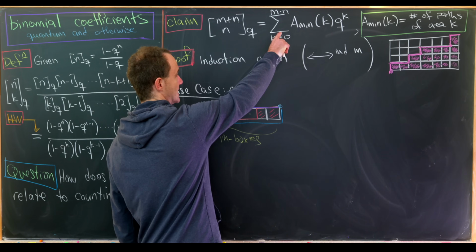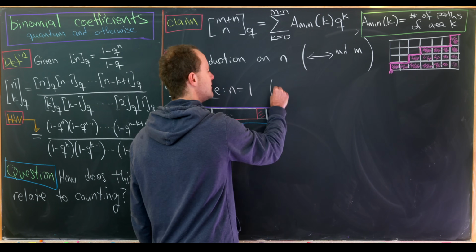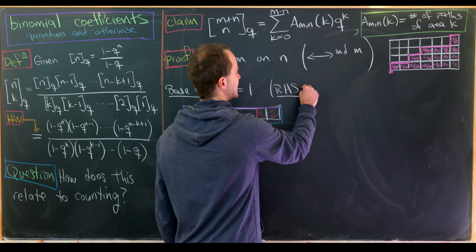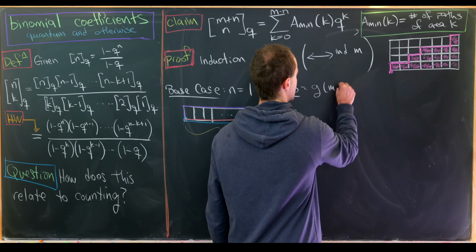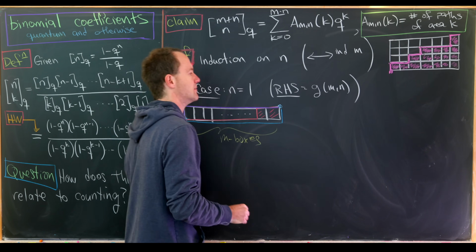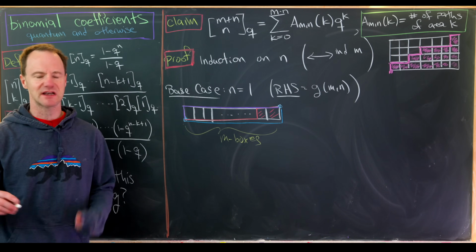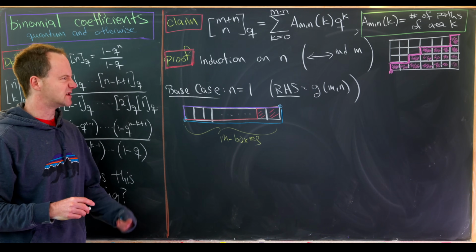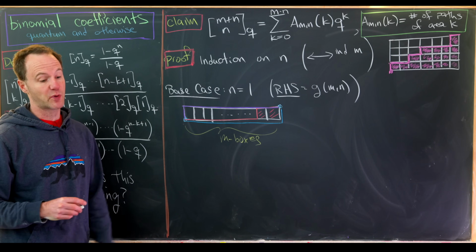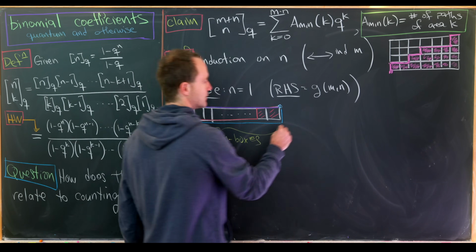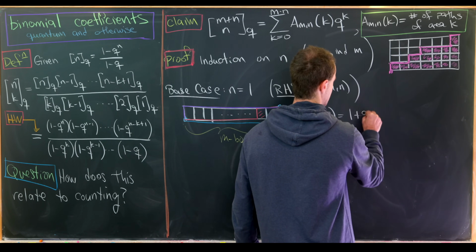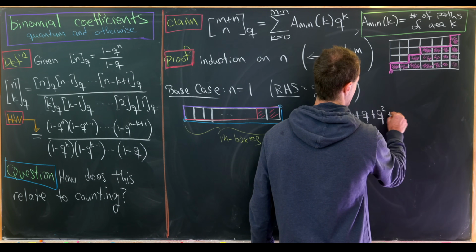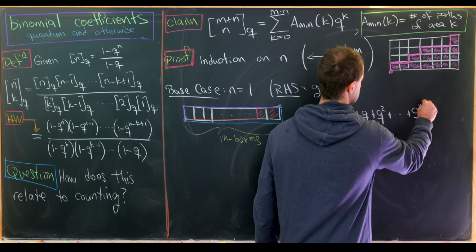So our right-hand side, this object over here, maybe we'll give that thing a name. Let's say the right-hand side is this function g of m, n. So it's a function of m and n, and q is not really seen to be a variable. It's seen to be like some sort of parameter. So notice that we have g of m, 1 is equal to 1 plus q plus q squared, ending at q to the m.